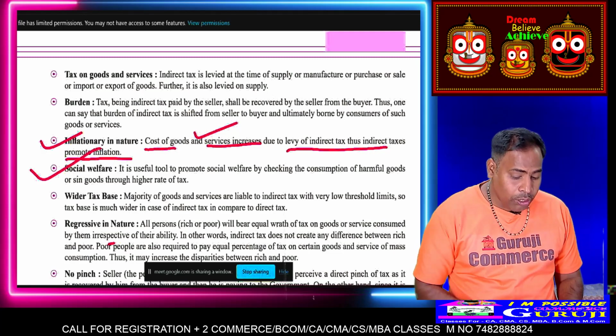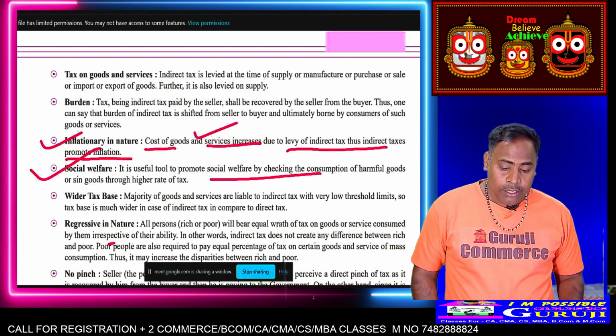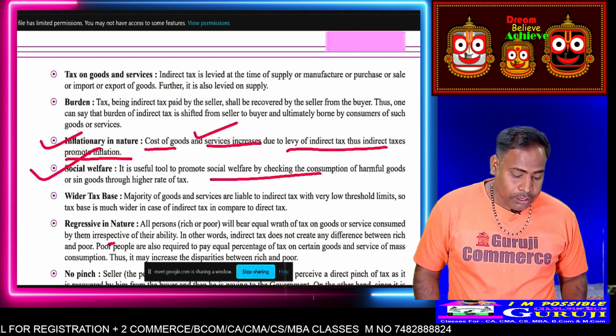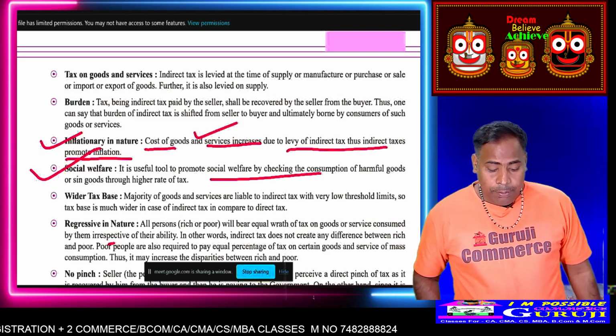Next, social welfare. It is used for the promotion of social welfare, for the benefit of the society.